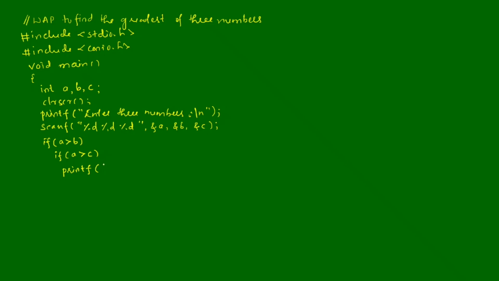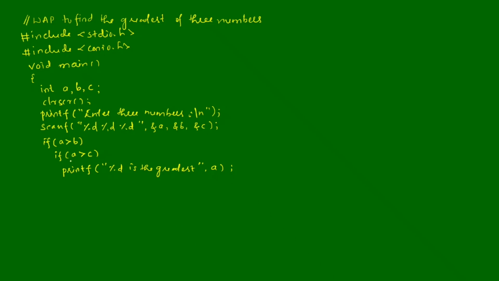I'm going to write here in a printf statement, in double quotation marks, %d is the greatest. So here end the double quotation mark, put a comma, write the variable A and put a semicolon.